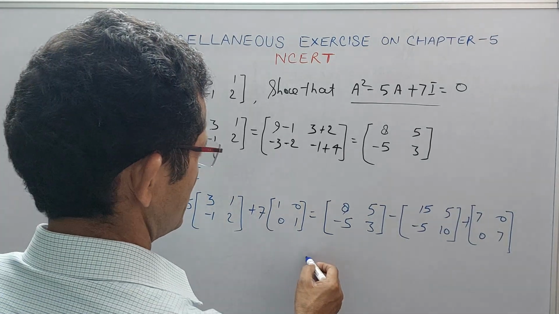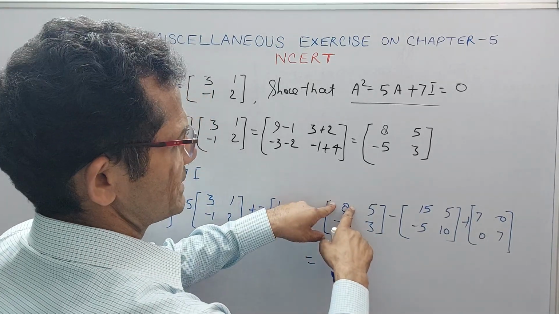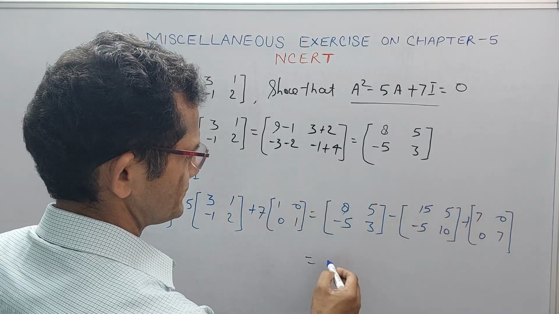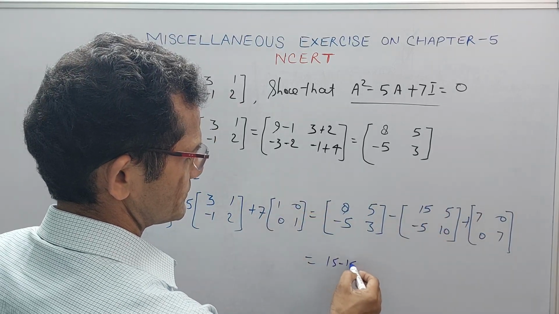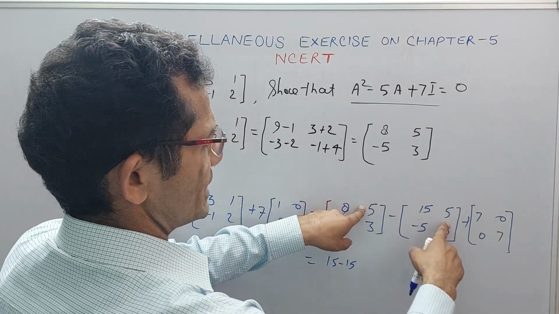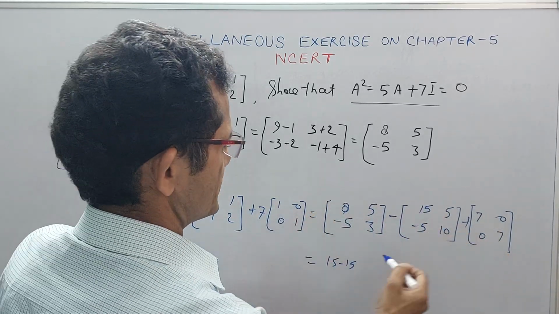So now we do it here. 8 plus 7 is 15, 15 minus 15 will be 0. This is 5 minus 5, and 5 minus 5, outside is minus, 5 minus 5 and plus 0, again 0.